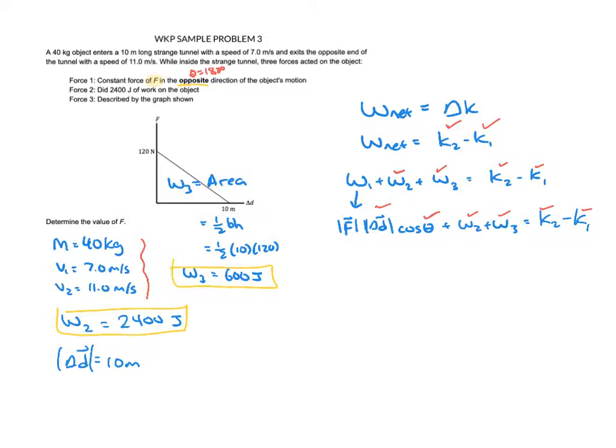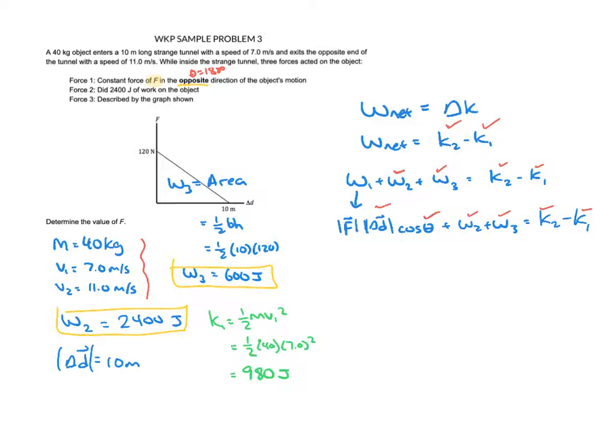Okay, so off to the side here, K1 is half mv1 squared. So the mass is 40 and the v1 is 7. And that gives me 980, I believe. I'll just double check that. Yes, 980 joules.